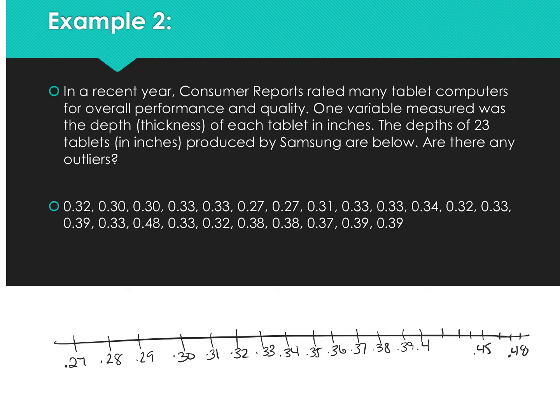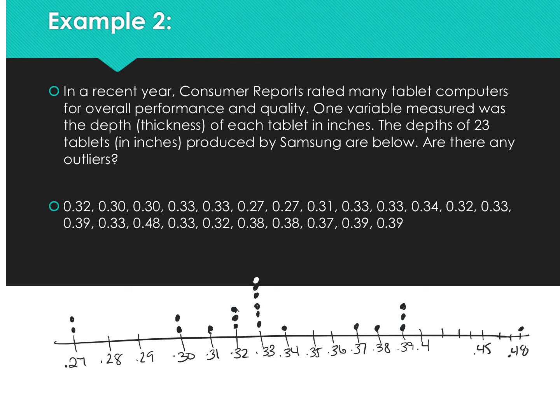So if I make a quick dot plot, I have 0.3, 0.33, 0.27, 0.31, 0.34, 0.32, 0.39, 0.33, I just did that one, 0.48, 0.38, 0.37, and 0.39s.